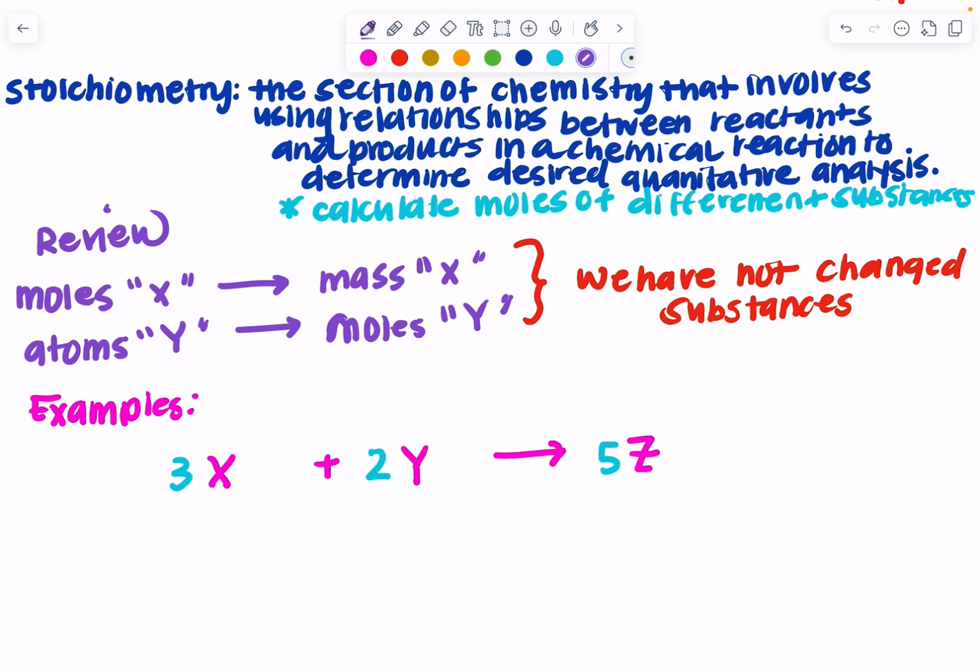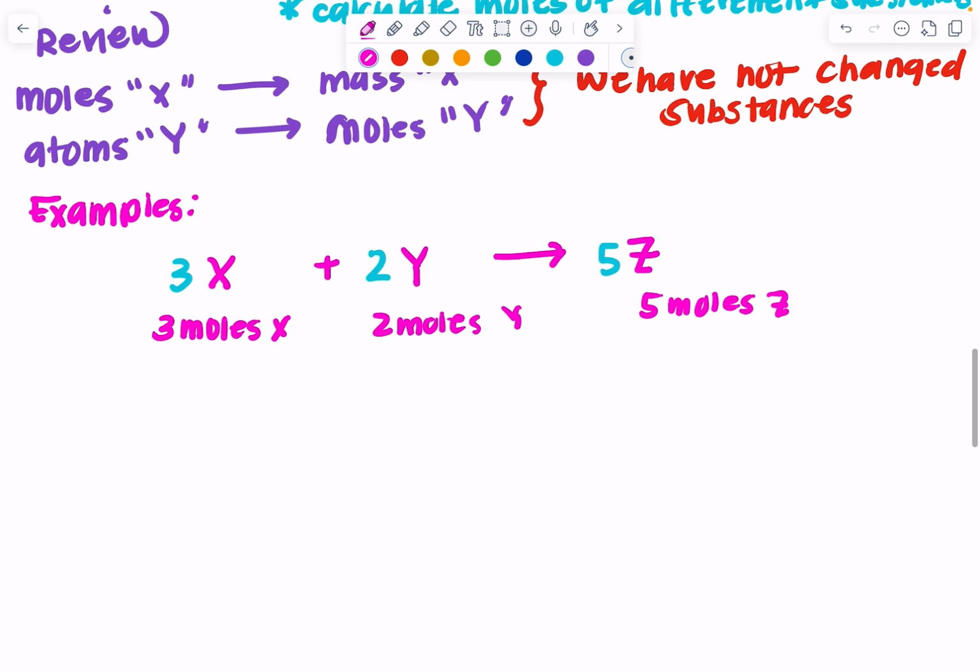What this tells us is that we have 3 moles of X, 2 moles of Y, and 5 moles of Z. So our ratios are that for every 3 moles of X, we need 2 moles of Y. For every 3 moles of X, we need 5 moles of Z. For every 2 moles of Y, we need 5 moles of Z.